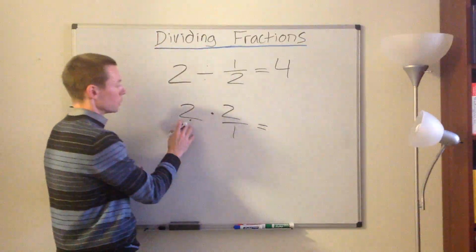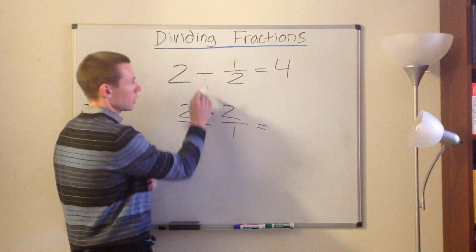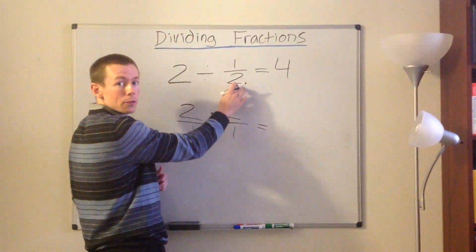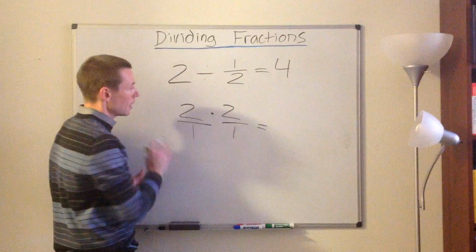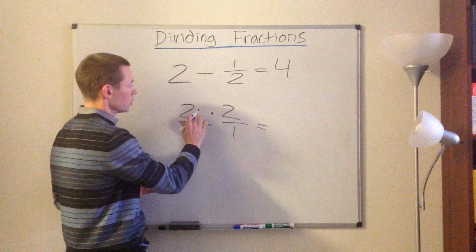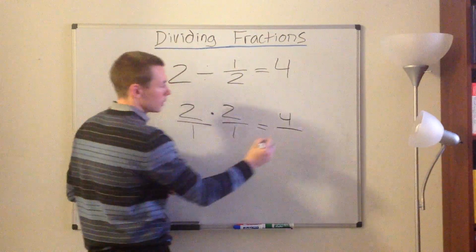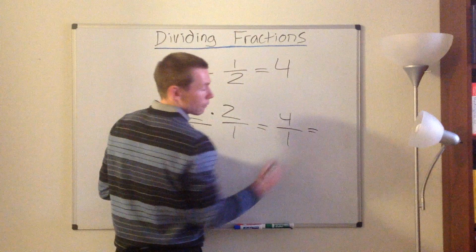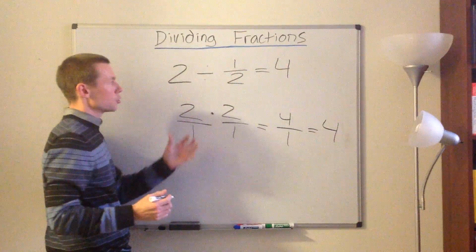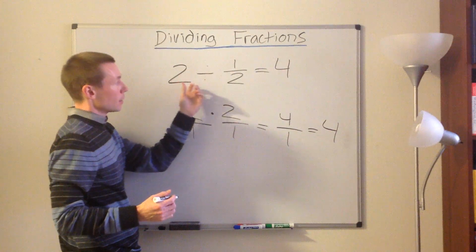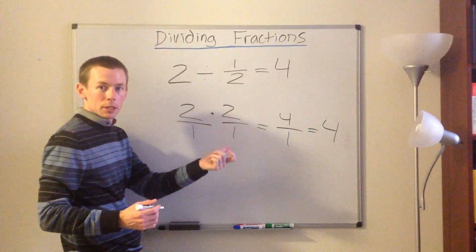And I'm going to rewrite 2 also as 2 over 1 because, as we just saw, 2 divided by 1 is in fact 2. Now we multiply across. 2 times 2 is 4. 1 times 1 is 1. And 4 divided by 1 is 4. So this is why in division with fractions you multiply by the reciprocal.